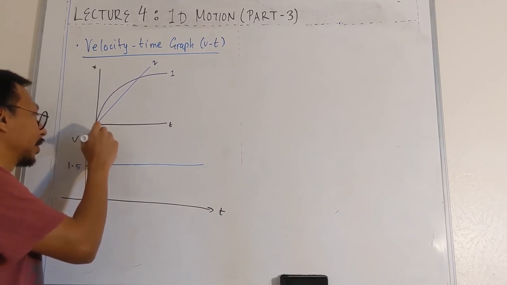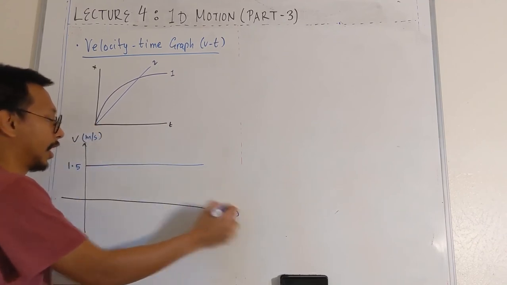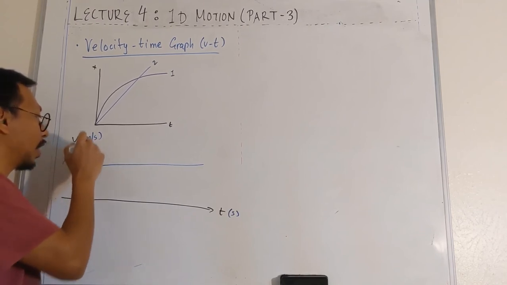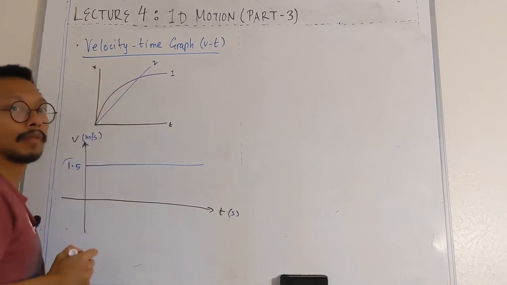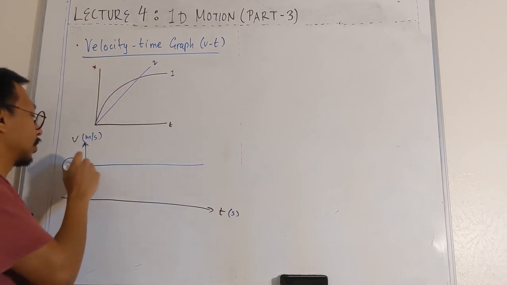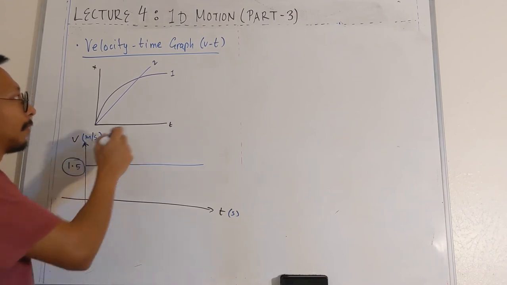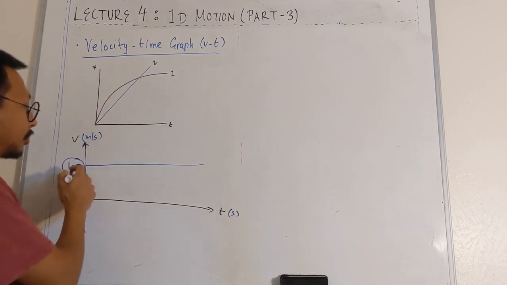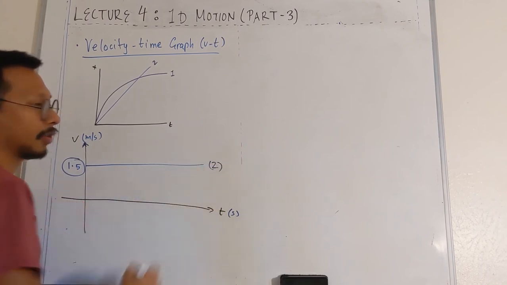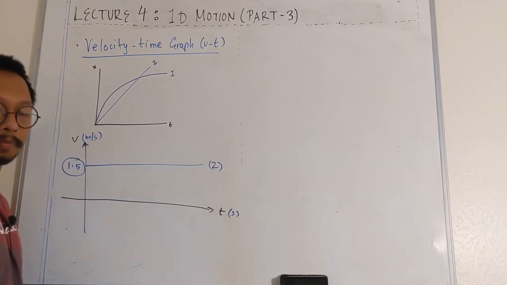This is meters per second, this is seconds, at 1.5 meters per second. Why? Because this y-axis velocity is actually the slope of the position time graph. So this value is the slope of that particular graph, which is always constant at 1.5 meters per second. So this is the velocity time graph for person 2.